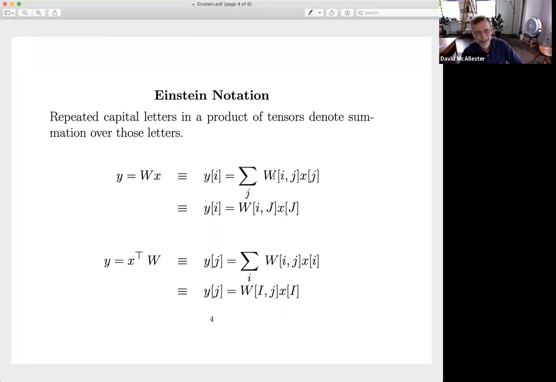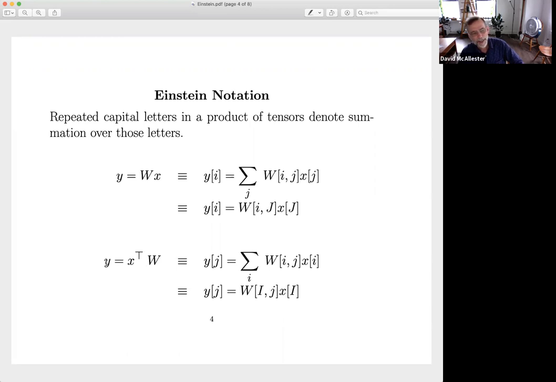And in Einstein notation, we suppress this summation sign and simply use a capital letter and repeat it. We adopt the convention that a repeated capital letter is implicitly being summed over. This isn't quite as compact as matrix notation, but it's more compact than writing out explicit summations.